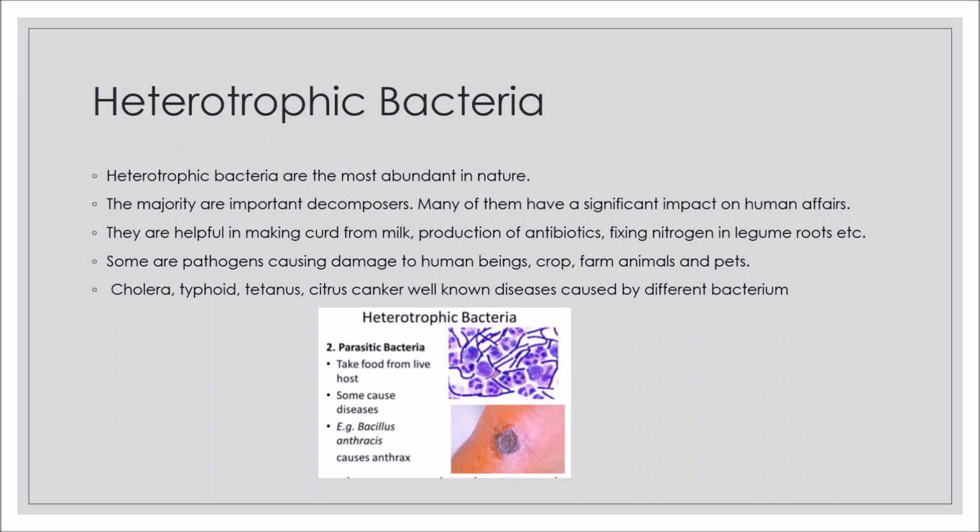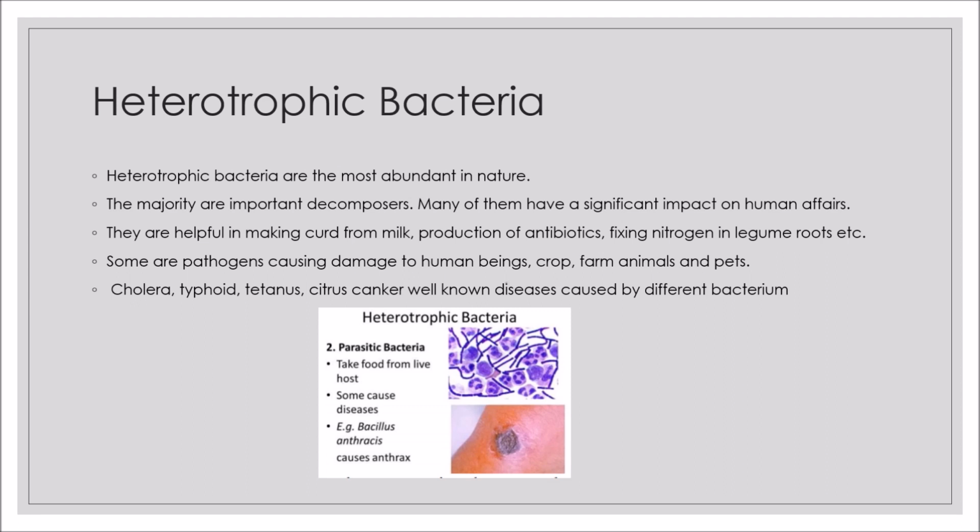And some other pathogens also cause damage. Some are helpful and some cause damage to human beings. We can see some crop plants get diseased and turn yellow, or white patches are formed. That is also because of bacteria only.